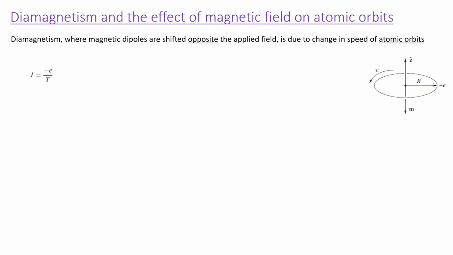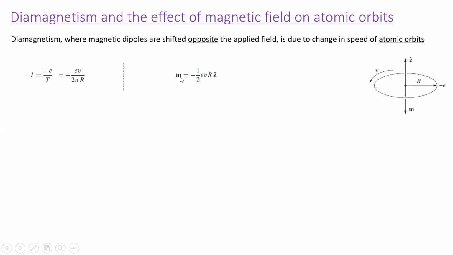So just to get quantitative, the current is equal to minus the charge over the period, which is minus e over T. And the period T would be the distance traveled, which is the circumference, over the velocity. So flipping that, the circumference goes in the denominator and the velocity goes in the numerator. So the current is minus e v over 2 pi r.